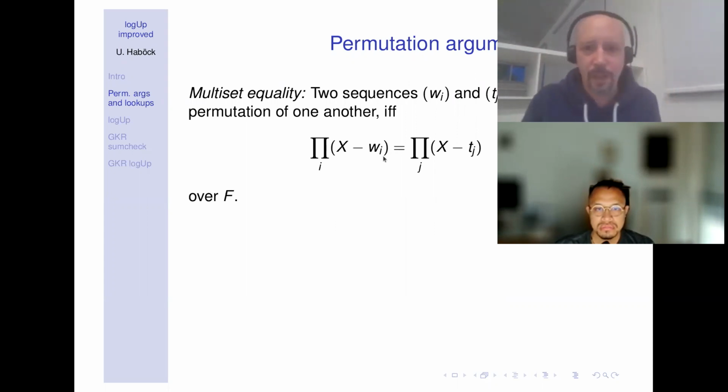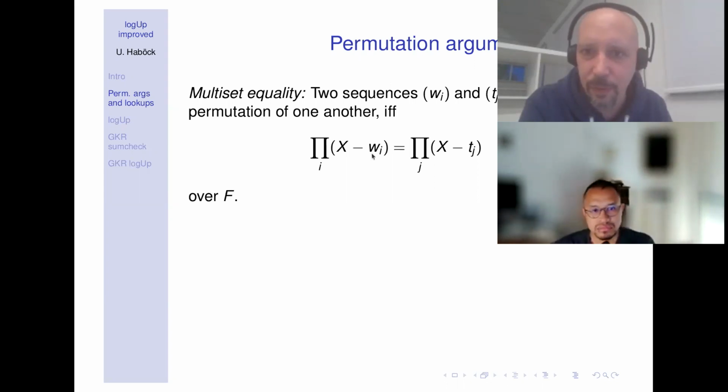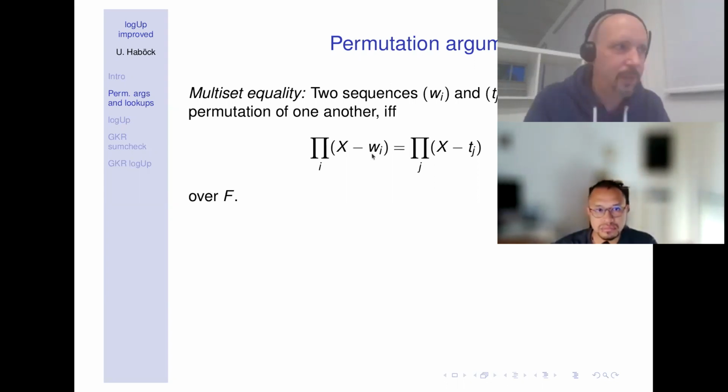And that's simply done by encoding the elements in the sequences as zeros of polynomials. It goes back to Bayer and Groth, I think it was 2012. Because they're the same up to permutation if and only if the zeros of these two polynomials are the same.